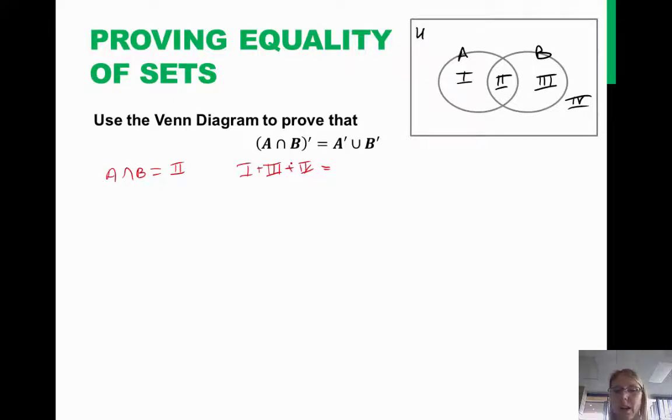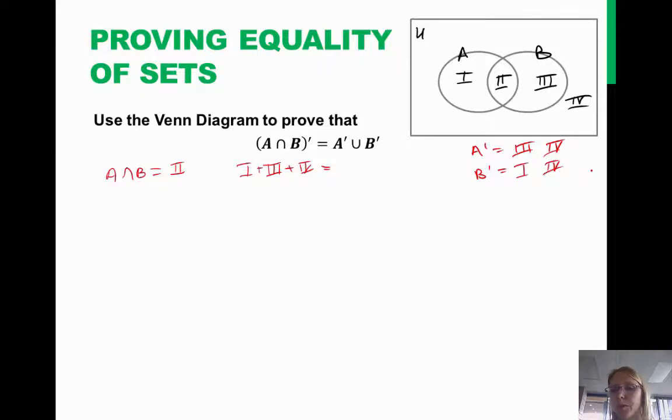On the right side, I need to have A naught union with B naught. So let's find first what A naught is. That's going to be regions 3 and 4. And B naught is going to be regions 1 and 4.